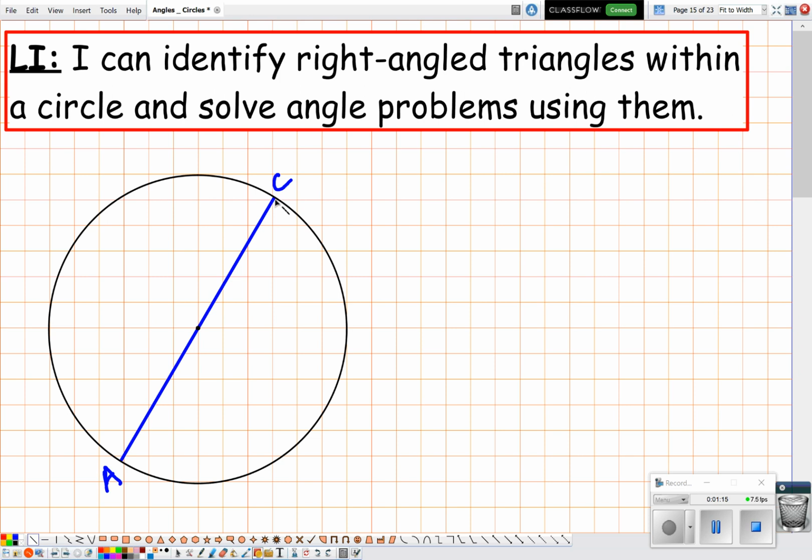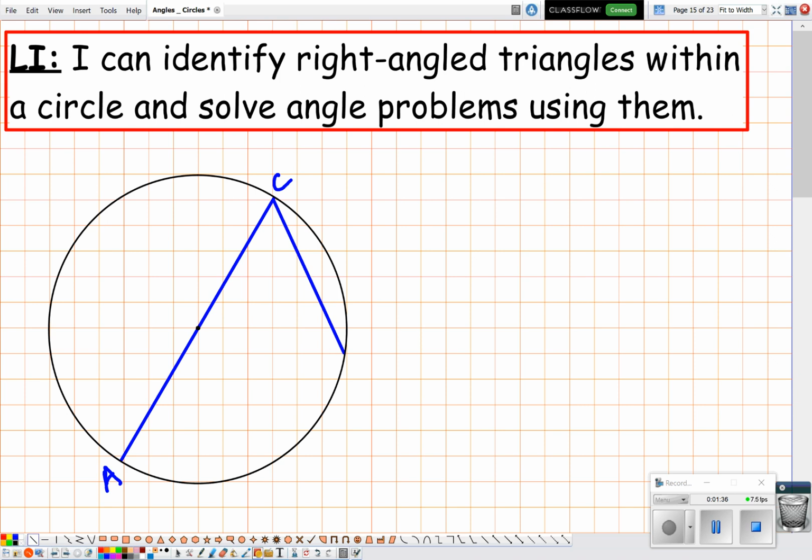Now, the first chord line that you draw can go from one end of the diameter anywhere around the circle, right? So anywhere around that arc. You can even go this side of the diameter line, if you wanted, but anywhere around the arc.